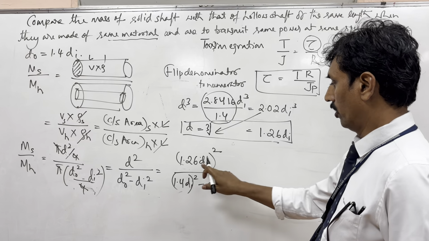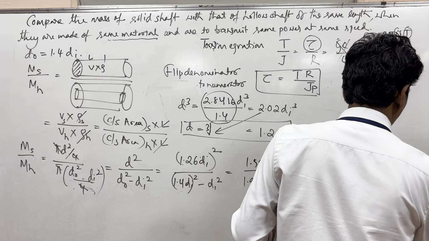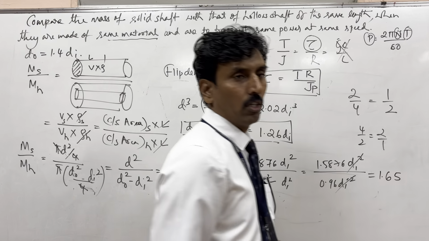And 1.4 squared is 1.96 di square, and minus this di square becomes 0.96 di square. So the di square cancels out. So 1.5876 divided by 0.96 is equal to 1.65.